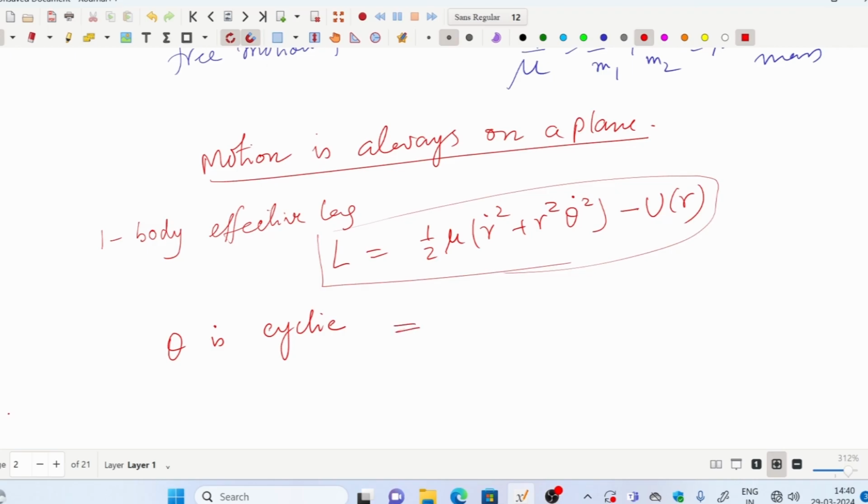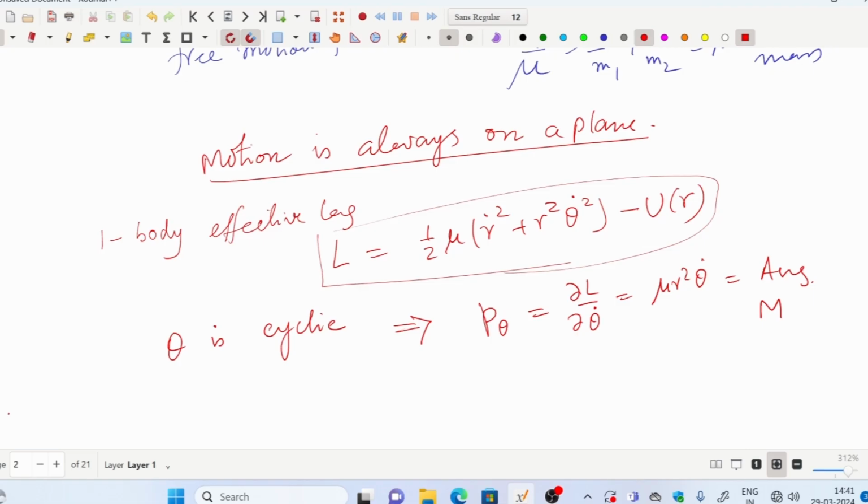Theta being cyclic implies p theta, the momentum conjugate to theta, is conserved, which we calculate as del L del theta dot, equal to mu r square theta dot, which is nothing but the angular momentum, which we denoted in the last lecture by M. So, even though two coordinates appear in this Lagrangian, one of the coordinates is cyclic and the angular momentum is conserved.